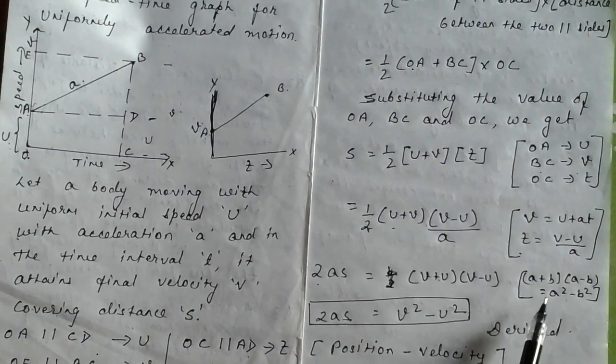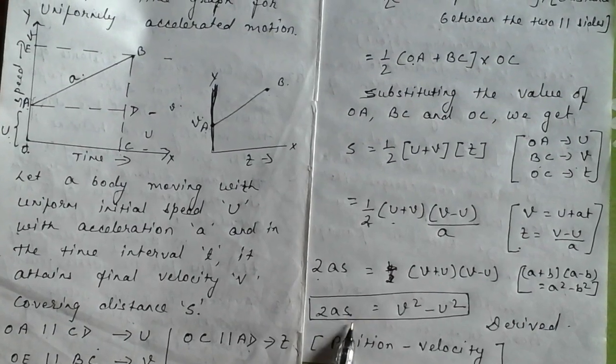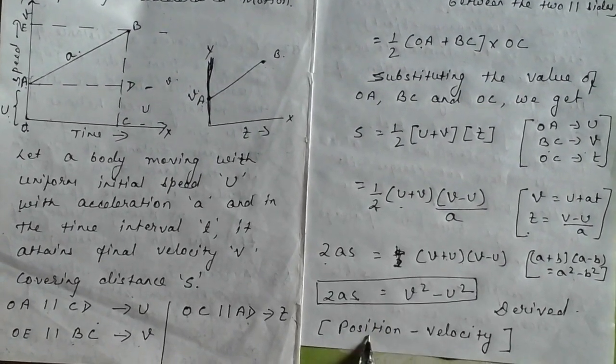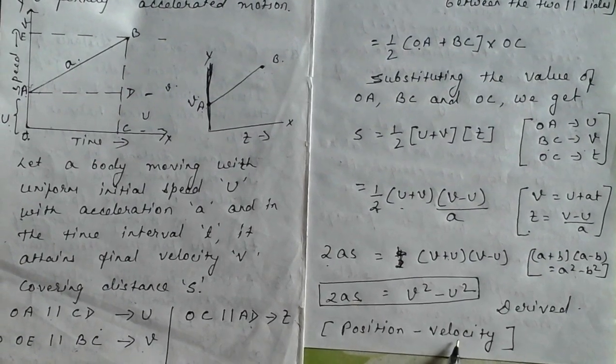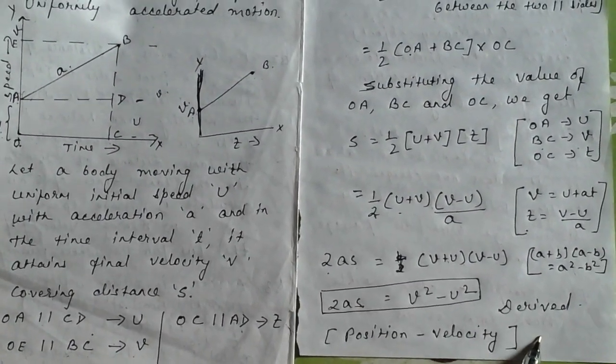We know from the identity that (a + b)(a − b) = a² − b². So we get 2as = v² − u². This is the third equation of motion. What does this relation give? It gives the relation between position, that is distance, and velocity: the position-velocity relation.